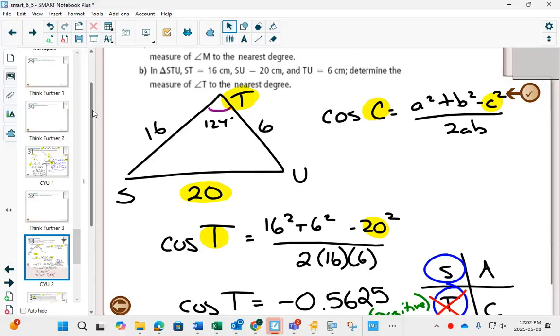This will seem like common sense after I tell it to you, but until you're told it, you probably never knew this. The biggest side is always opposite the biggest angle. Logically, that makes sense. The longer you make the side, the bigger the angle gets. The smallest side would be opposite the smallest angle. So we would know that that 6 had to be the smallest one.